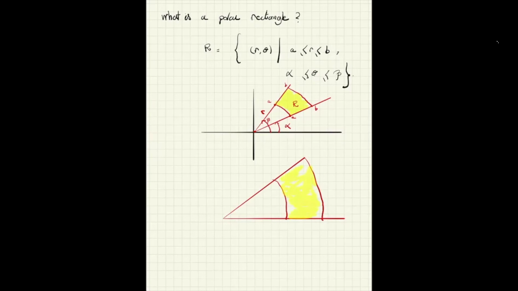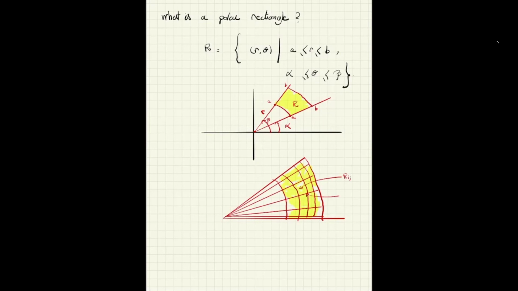So this is our rectangle, and then we will break it down into small rectangles, small ones here, here, and here. We will call these rectangles R_ij.